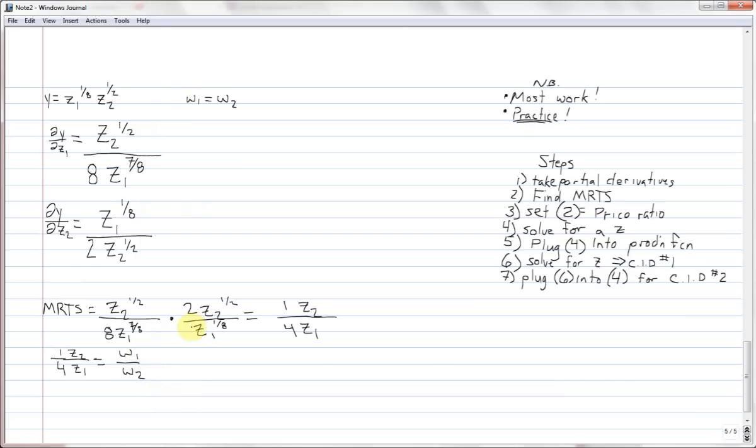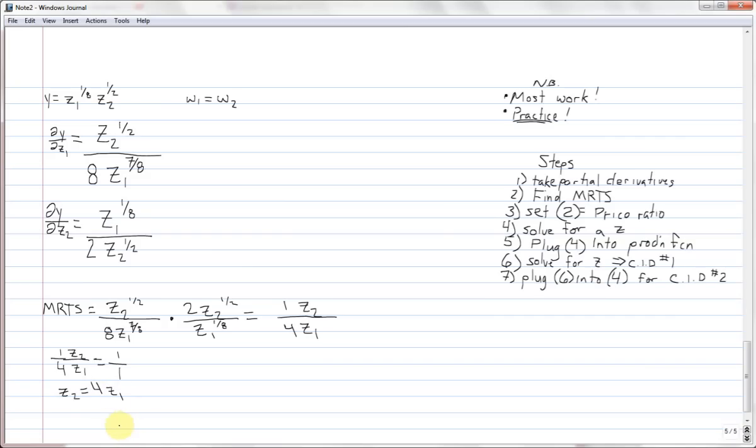Well, I said those were equal. So if a fraction has the same numerator as denominator, then it just equals 1. Okay, so then I'm solving for Z2. I'll cross multiply so that Z2 equals 4 Z1.